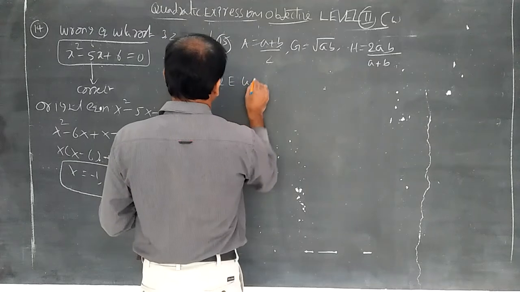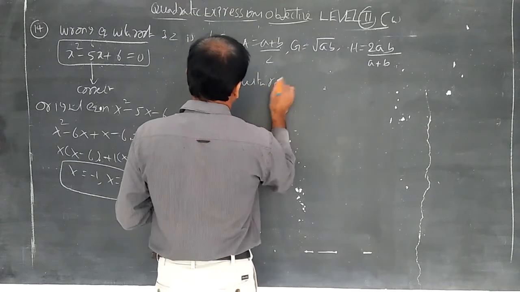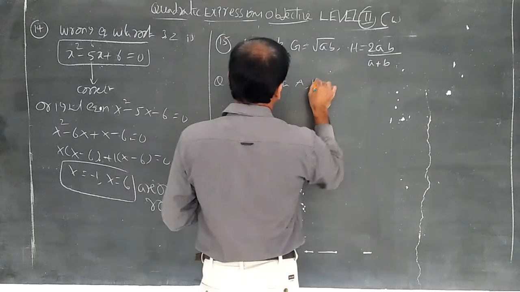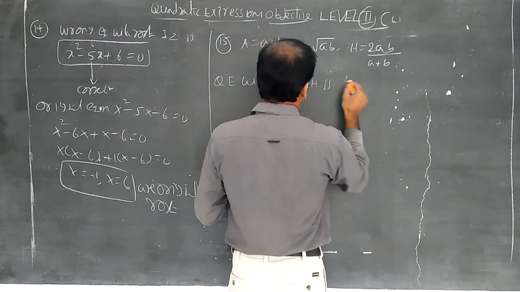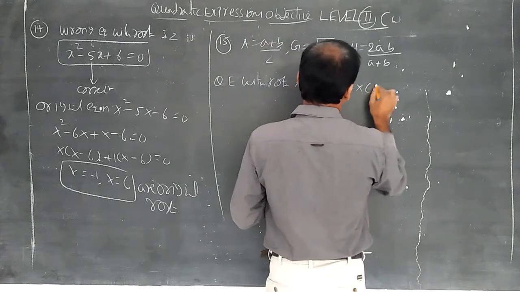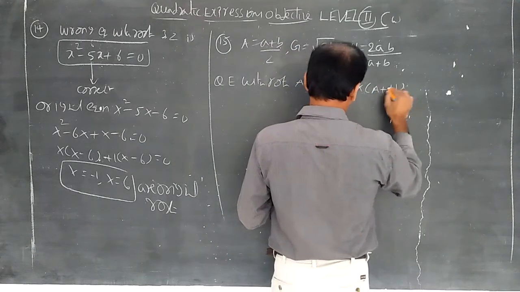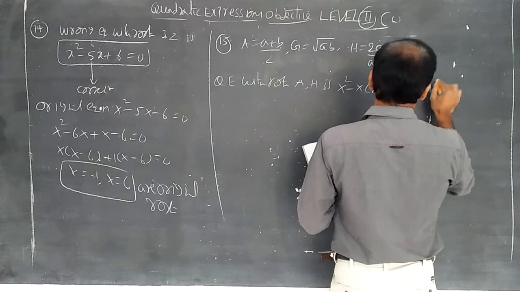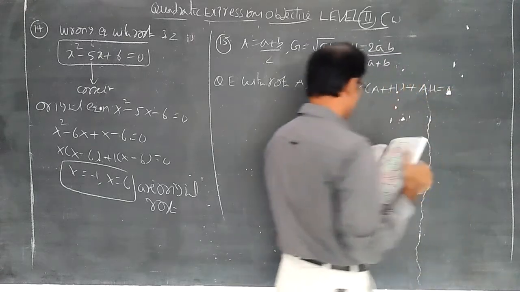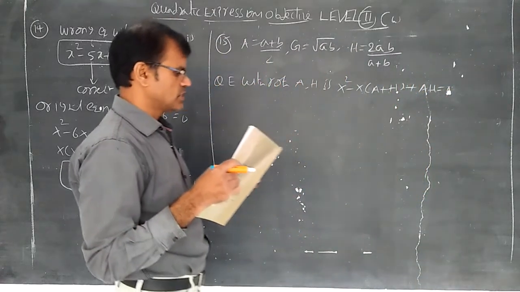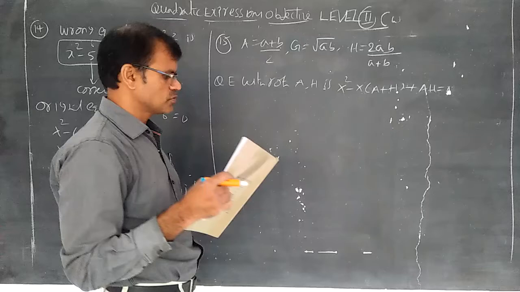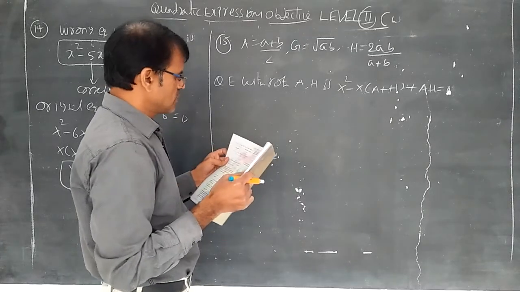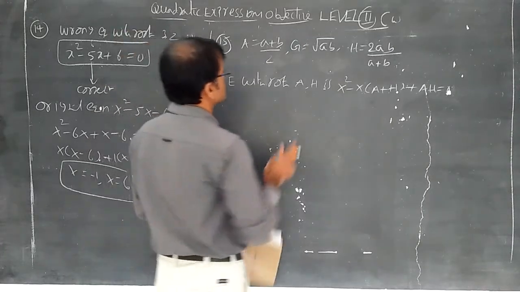Quadratic equation with roots A comma H is x square minus x into A plus H plus AH equal to 0. Now, what is A plus H?